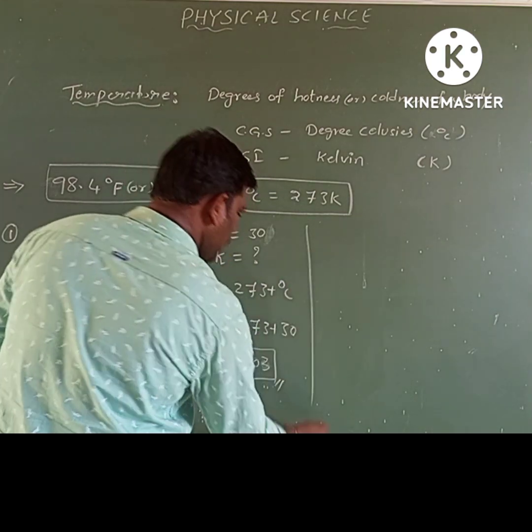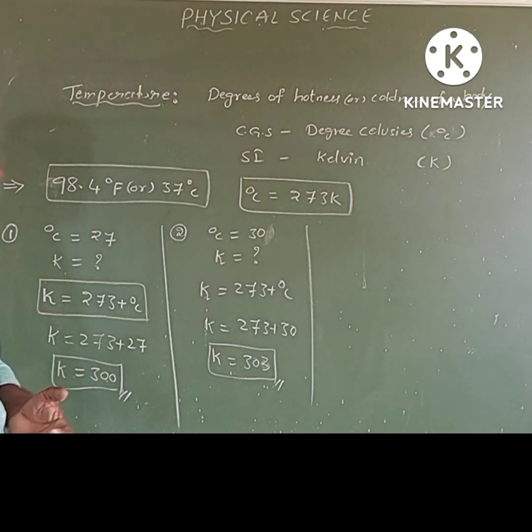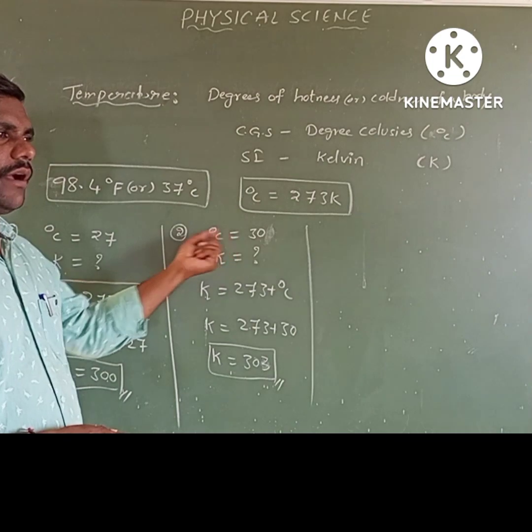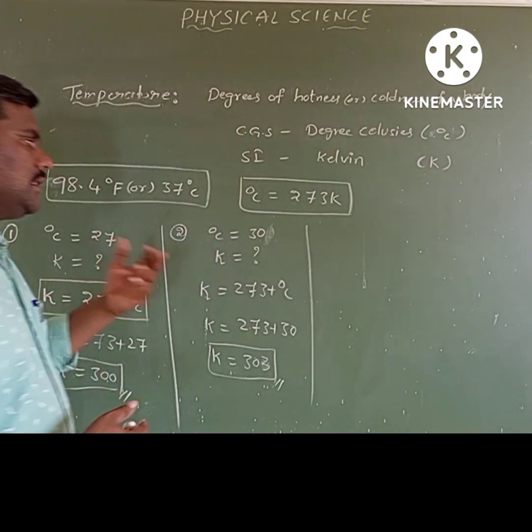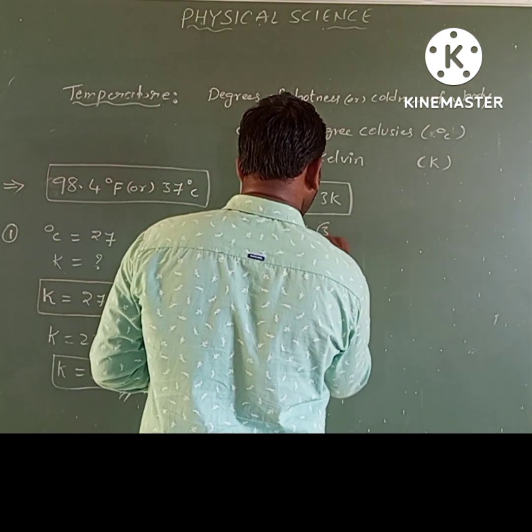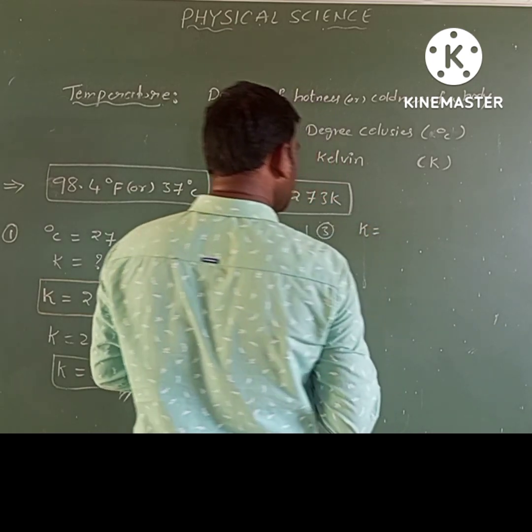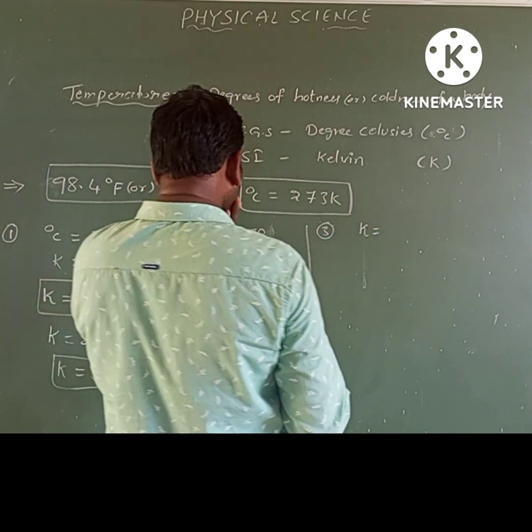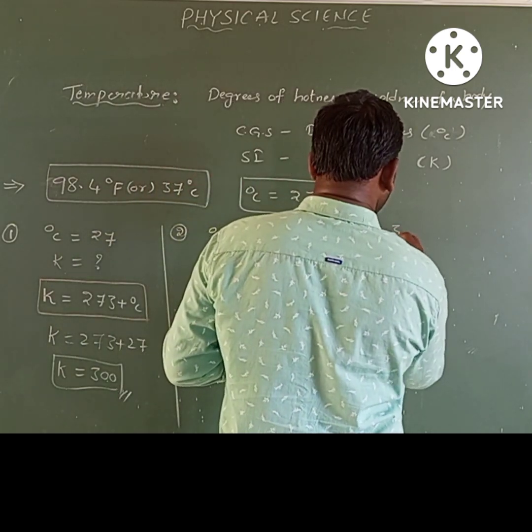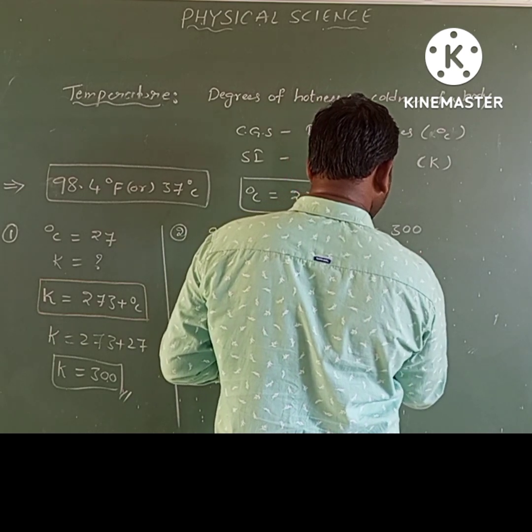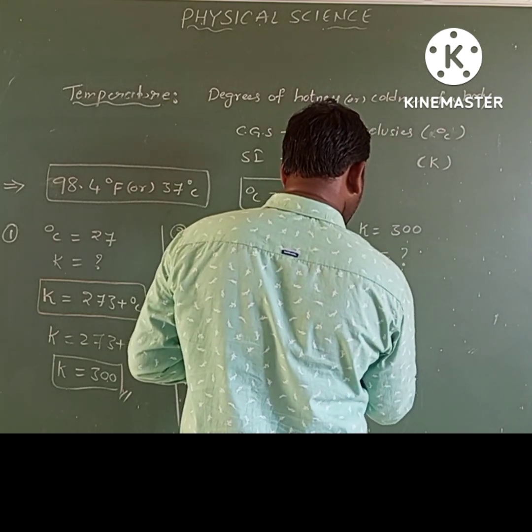Then next we can find out the reverse of the Kelvin scale. Given the Kelvin scale, find out the degree Celsius. Suppose the Kelvin scale is given as 300, and find out the degree Celsius temperature.